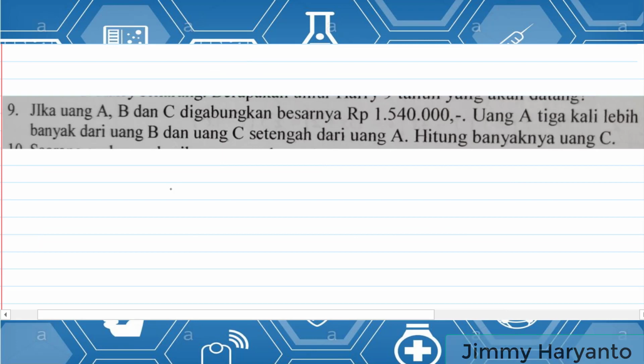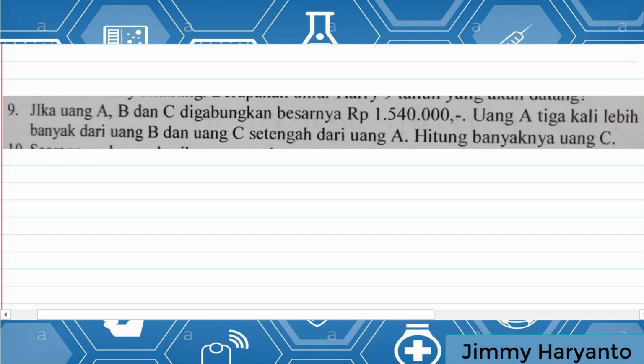How about number 9? Jika uang A, B, dan C digabungkan besarnya adalah 1.540.000. The sum of money of A, B, and C is 1.540.000.